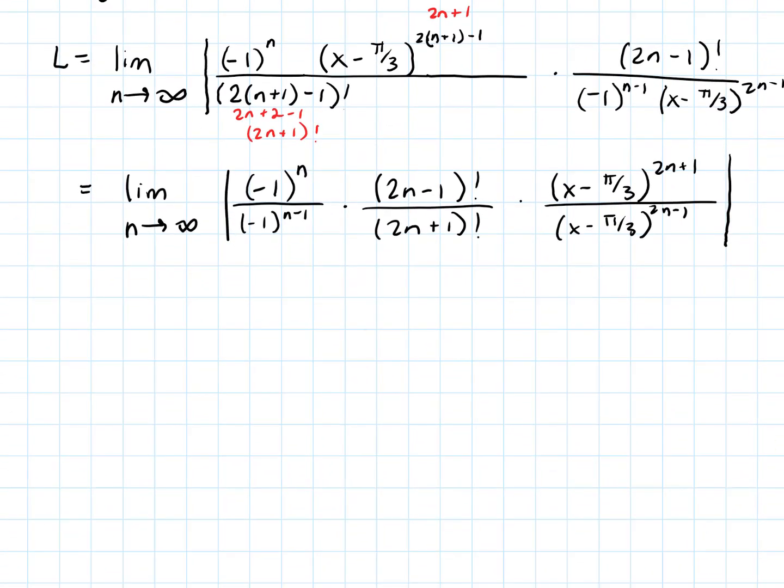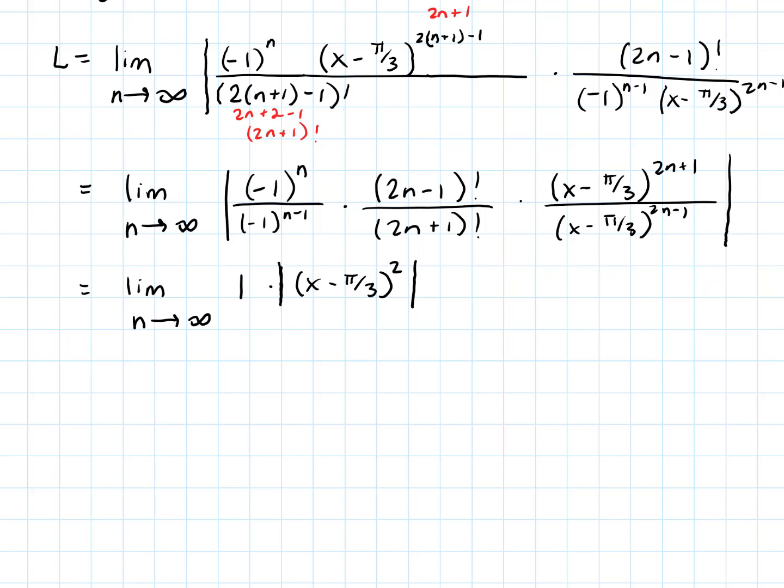Now, when I do my reduction here, I will get the limit as n approaches infinity. Again, that becomes just 1 on the outside of the absolute value, so I'm going to pull that out. I'm also going to write the absolute value of x minus pi over 3 squared, the difference of the powers there.